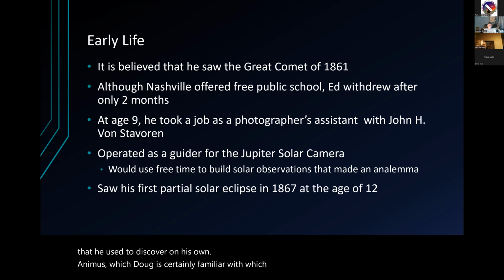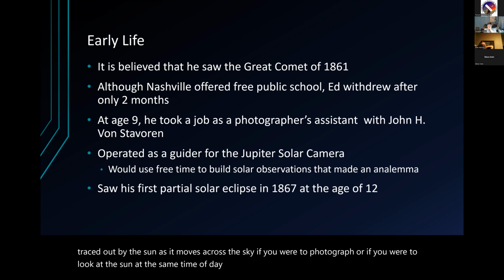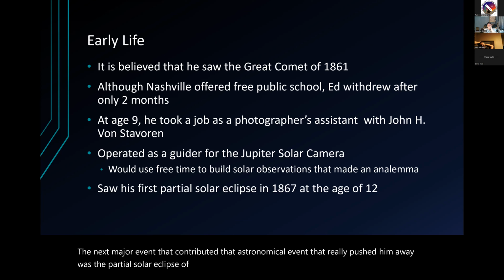It's a figure 8 shape that is traced out by the sun as it moves across the sky if you were to photograph or look at the sun at the same time of day every day of the year. The next major astronomical event that really pushed him on his way was the partial solar eclipse of 1867, which passed directly through Nashville, which he saw at the age of 12.